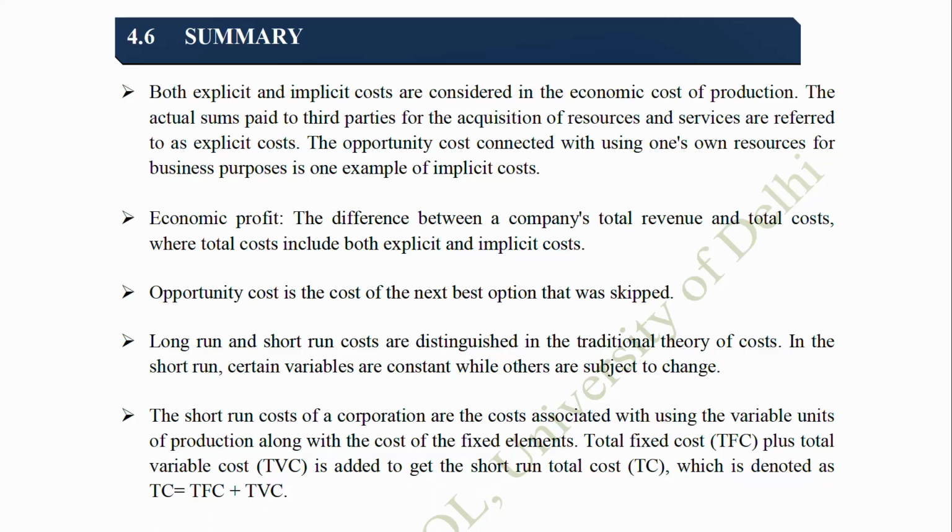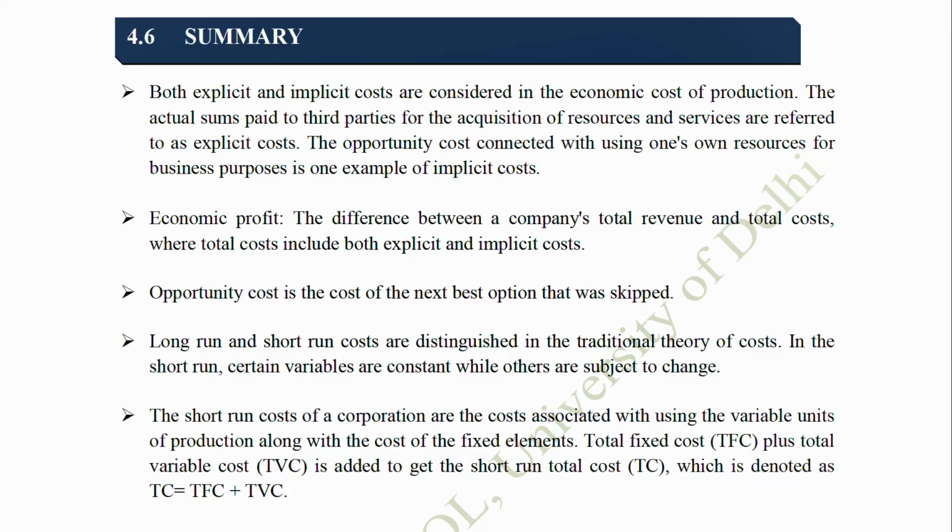Economic profit is the difference between a company's total revenue and total costs, where total costs include both explicit and implicit costs. Opportunity cost is the cost of the next best option that was skipped.